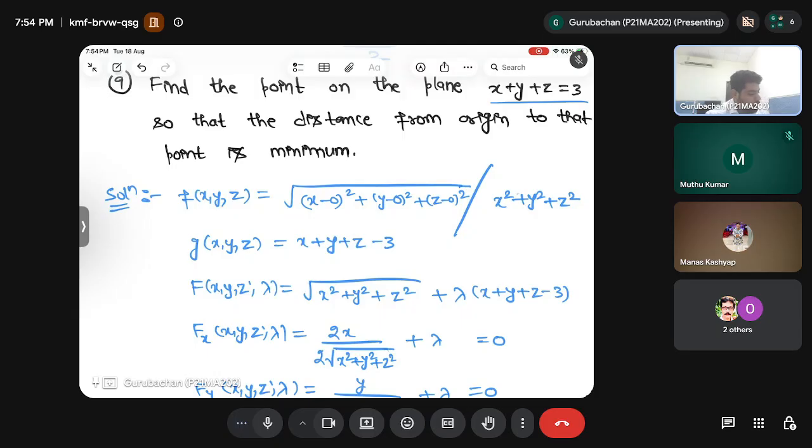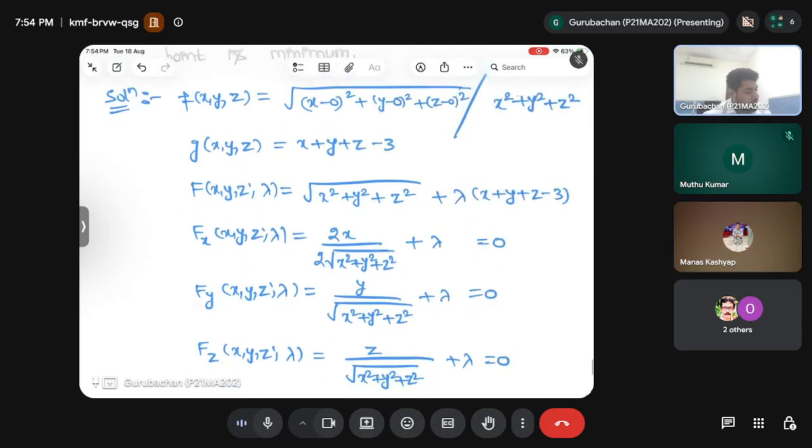No, sir. Never. So this will be easy. So for simplicity, we can write it like this. So this will be like this, and this will take this form.